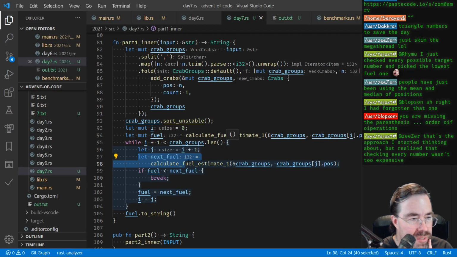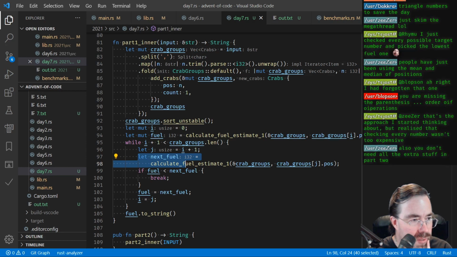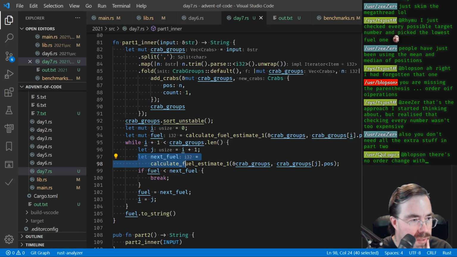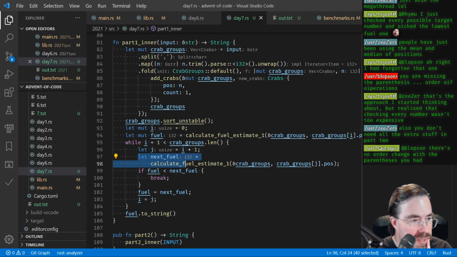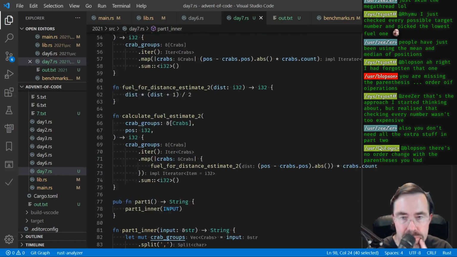I'm missing the parentheses? I don't think so. Because you just had, where is it? It's scrolling around too fast. How come I can't see it now? Yeah, n times n plus 1 all over 2, right?